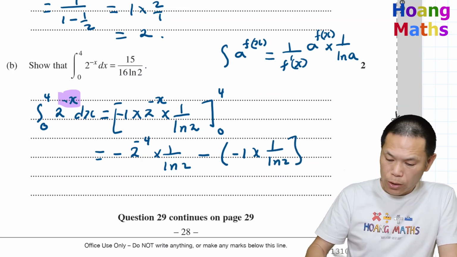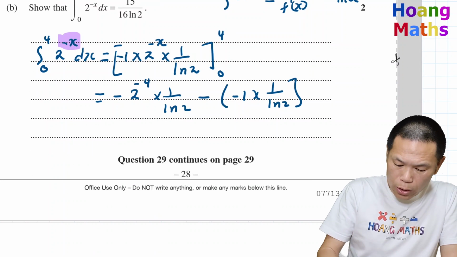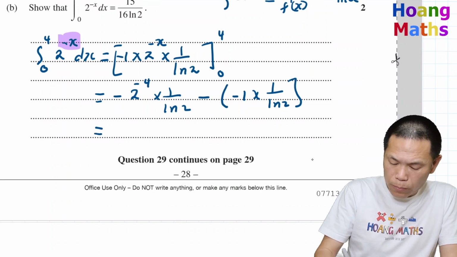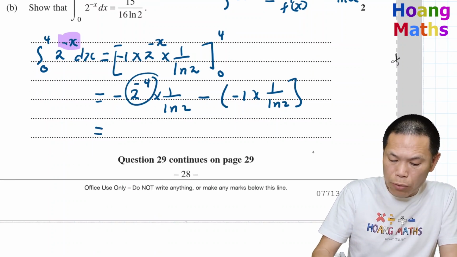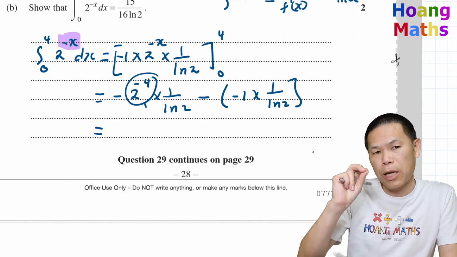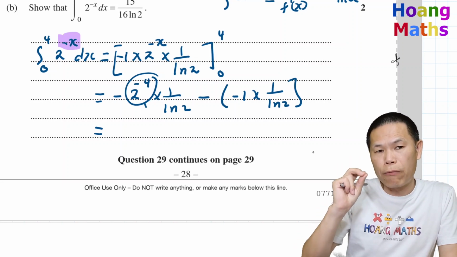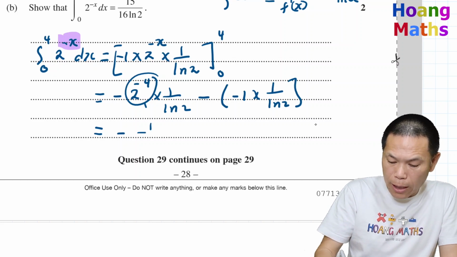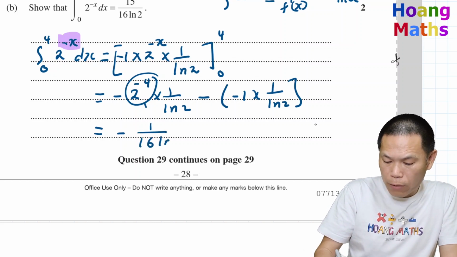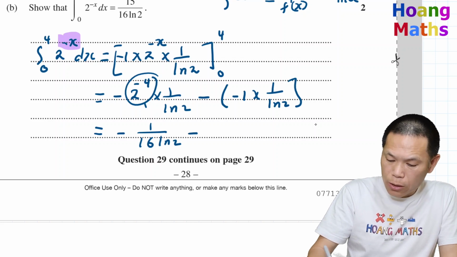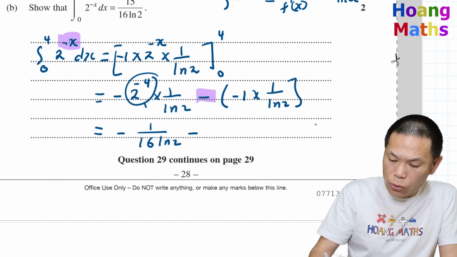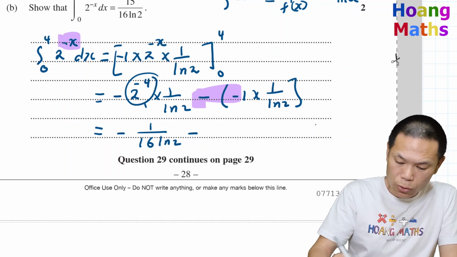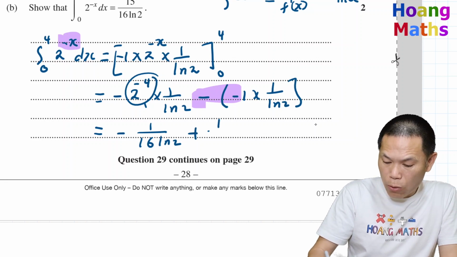Let me sort this out. The first term becomes negative 1 over 2 to the power 4, and 2 to the power 4 is 16, so negative 1 over 16 ln of 2. We subtract, and the two minuses together become plus, so we add 1 over ln of 2.